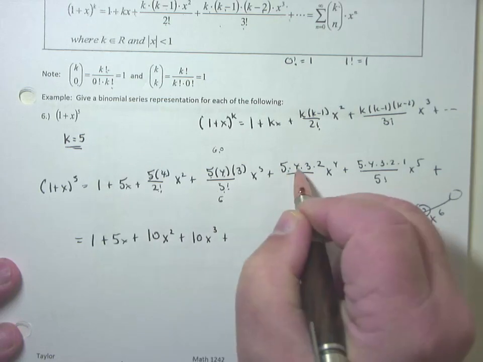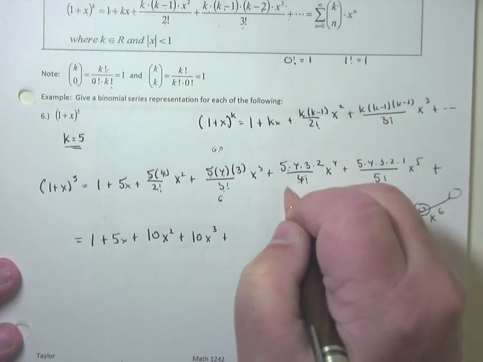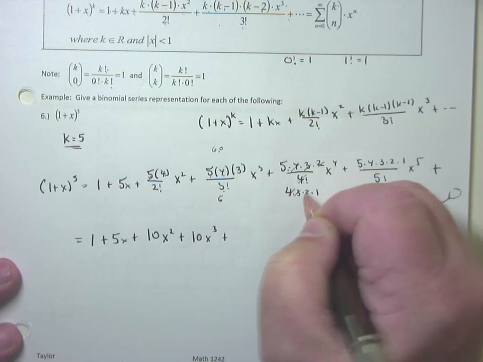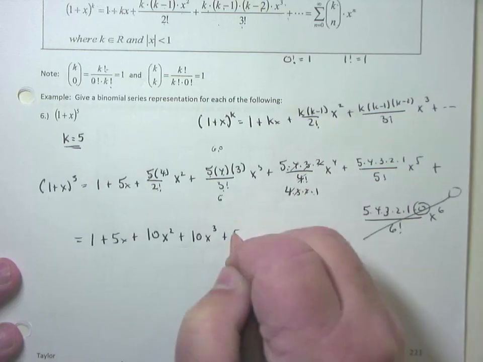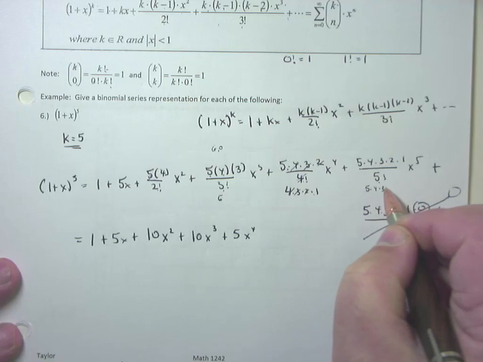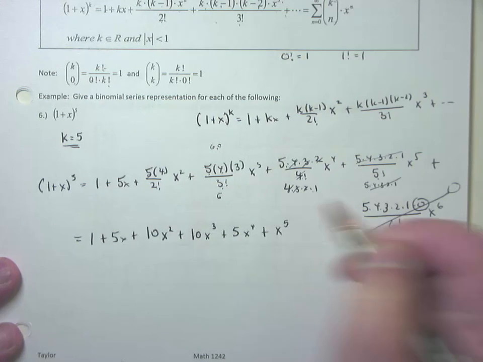Plus 5 times 4 times 3 times 2, divided by 4 factorial. 4 factorial is 4 times 3 times 2 times 1. The 4, 3, 2's cancel, leaving 5 over 1, which is 5, x to the 4th. And 5 factorial is 5 times 4 times 3 times 2 times 1, which cancels with the 5, 4, 3, 2, 1. You get plus x to the 5th.